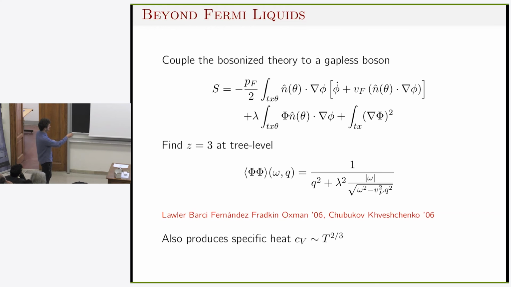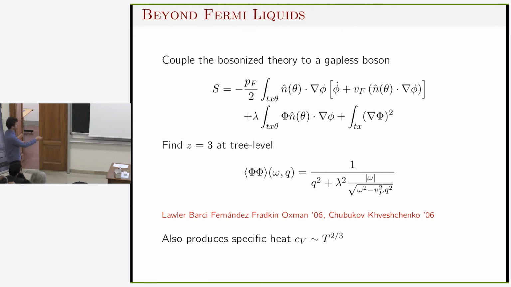So it has this Landau damping coming from the density 2-point function, which gives you this z equals 3 critical exponent. So this kind of recovers an approximation called the RPA approximation to Fermi liquids, and we just get it at tree level. So this is kind of nice because we're starting from something that we think is close to the right answer, and now we're going to add perturbations to it.